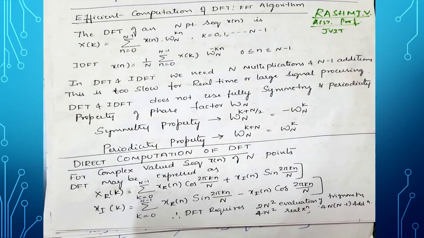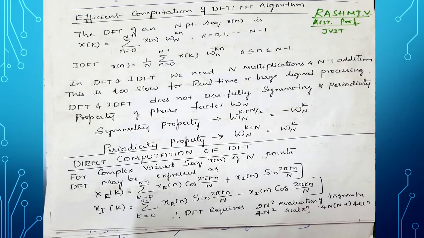Then again it will be divided into another set of blocks. Like this, a large signal will be divided into very small blocks, which we will study in the next derivation. So the number of multiplications and additions will be very few. So this is the efficient computation of DFT, the FFT algorithm.